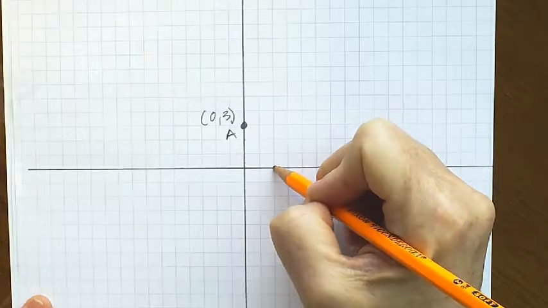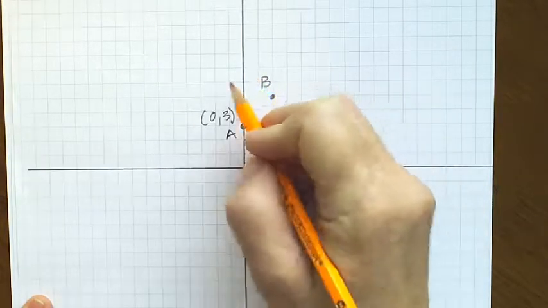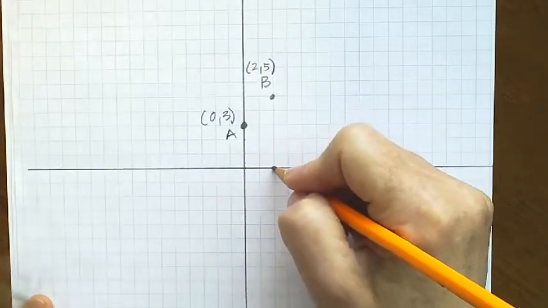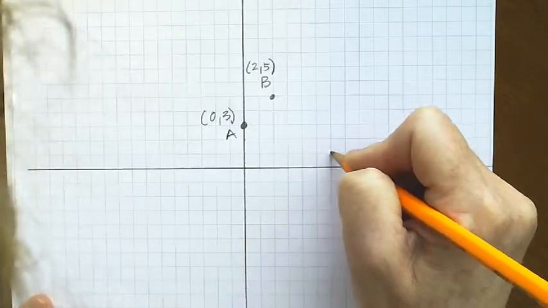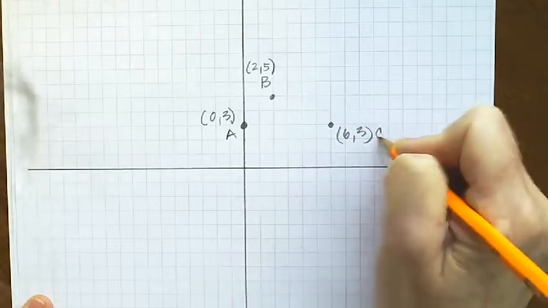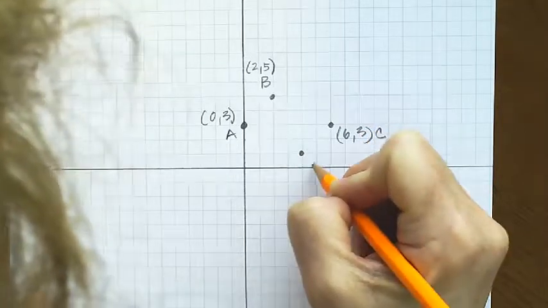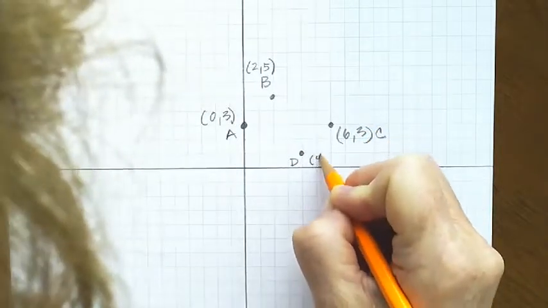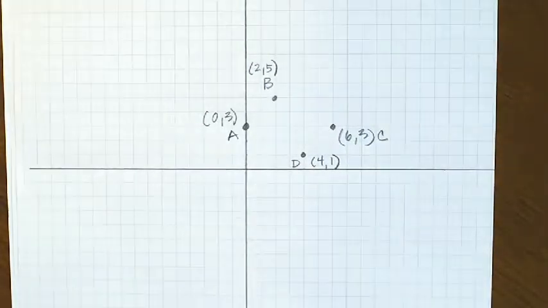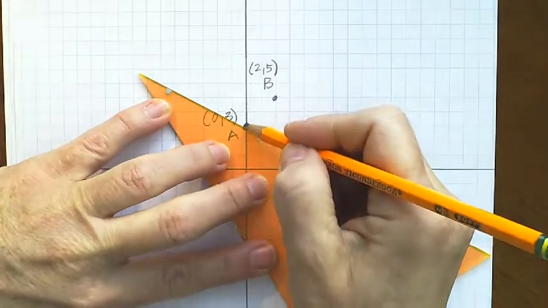B is at 2, 5. C is at 6, 3. And then D is at 4, 1. Okay, let's go ahead and connect these vertices.